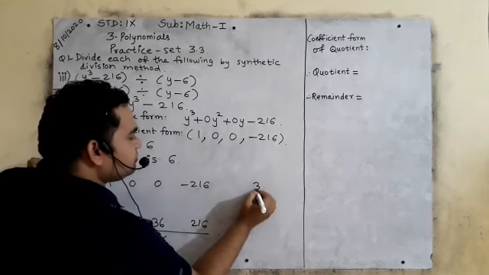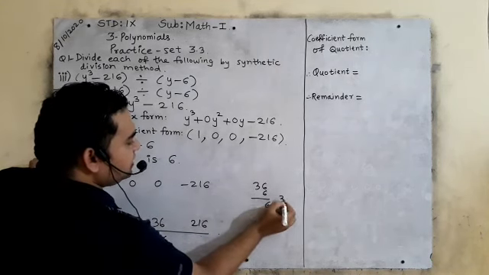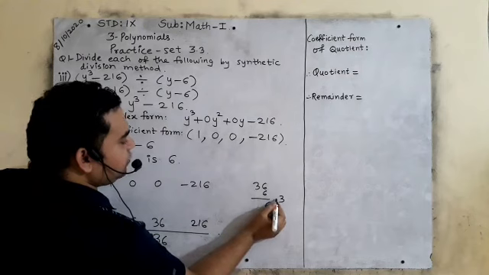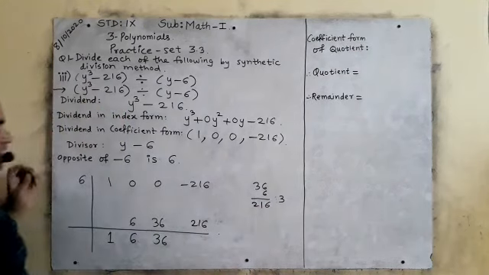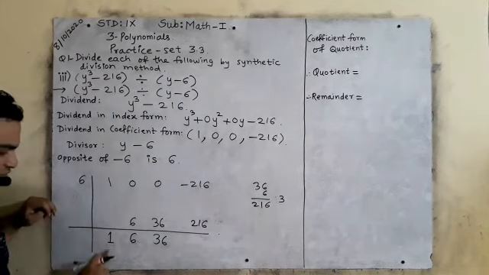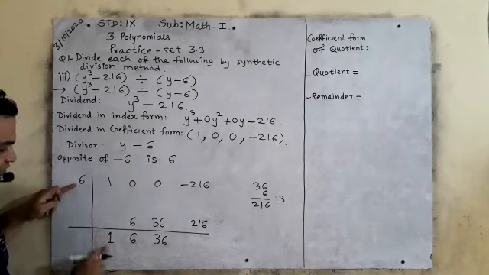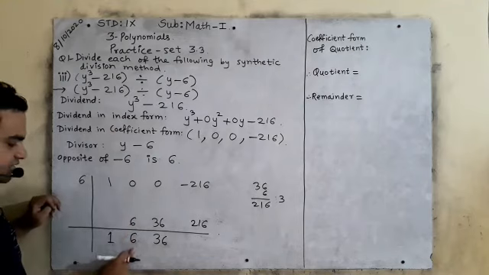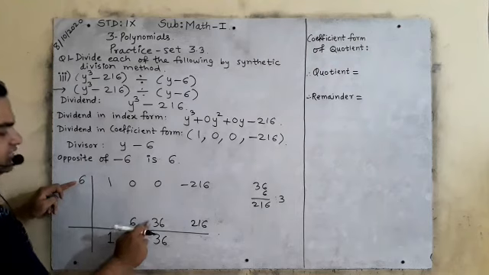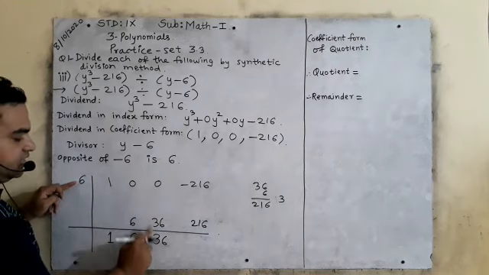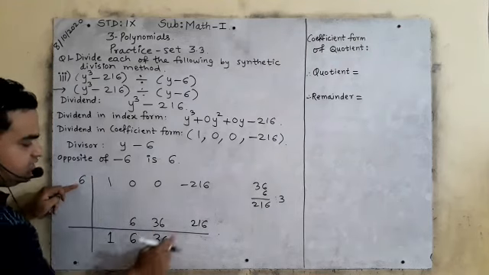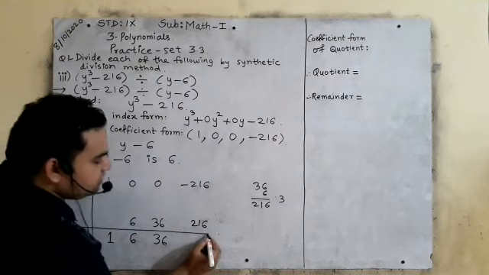Check it out: 6 6s are 36, 6 3s are 18, 19, 20, 21. Is it clear? So the first coefficient comes as it is, then 6 ones are 6 here, 0 and 6 is 6, then 6 6s are 36 will come here, 0 and 36 is 36, 6 36s are 216.